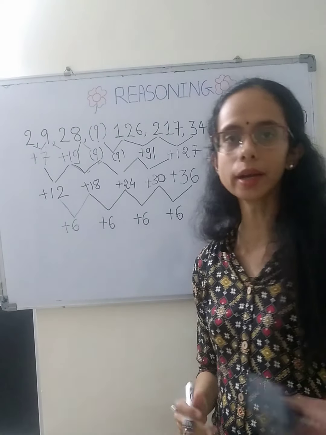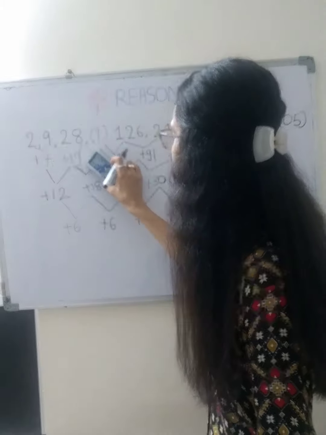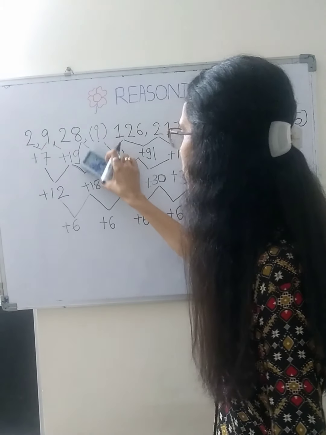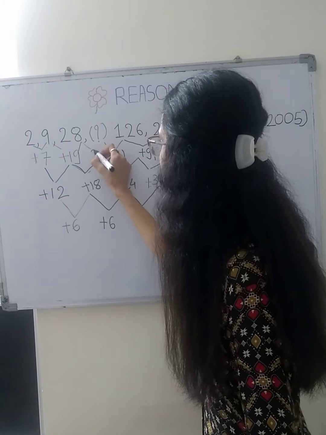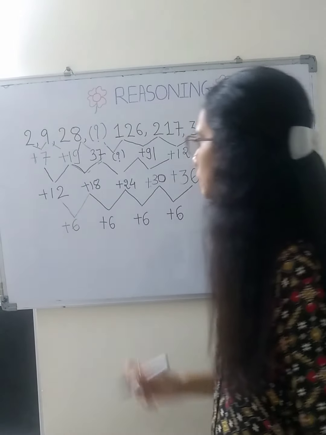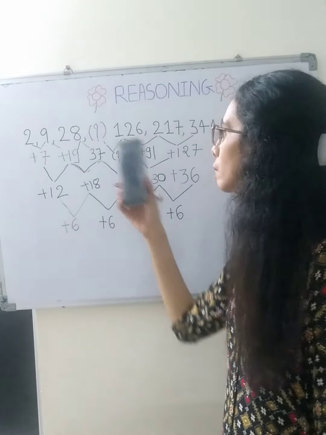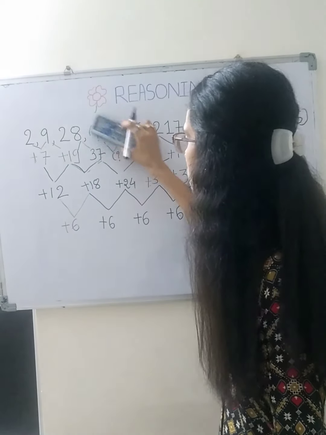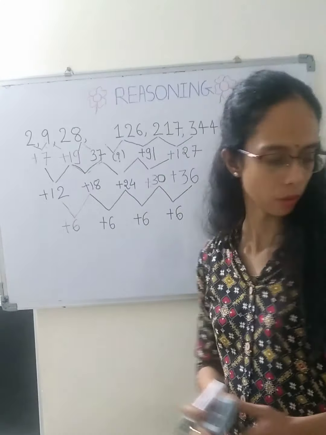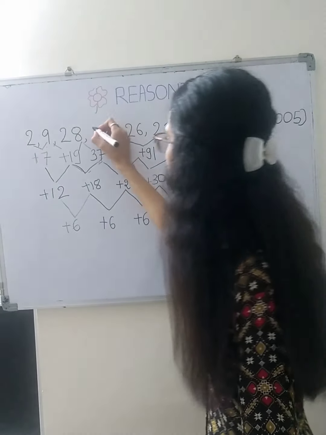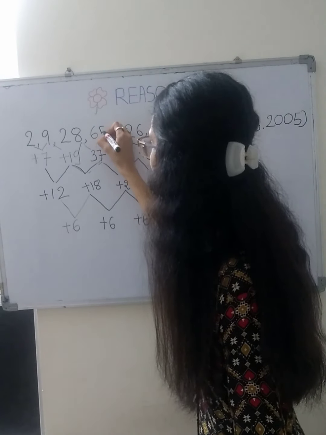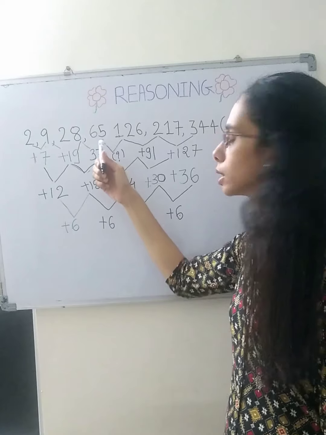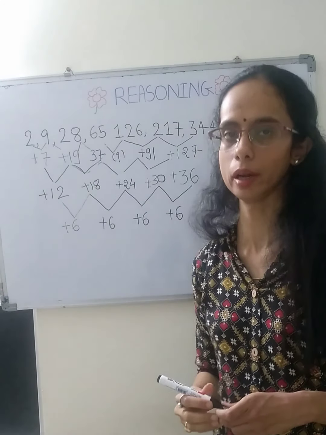When 18 is added to 19, we get 37. Now 37, when added to 28, what do we get? We get 65. So we have found the desired number, 65. So 65 is the number which we wanted to find out.